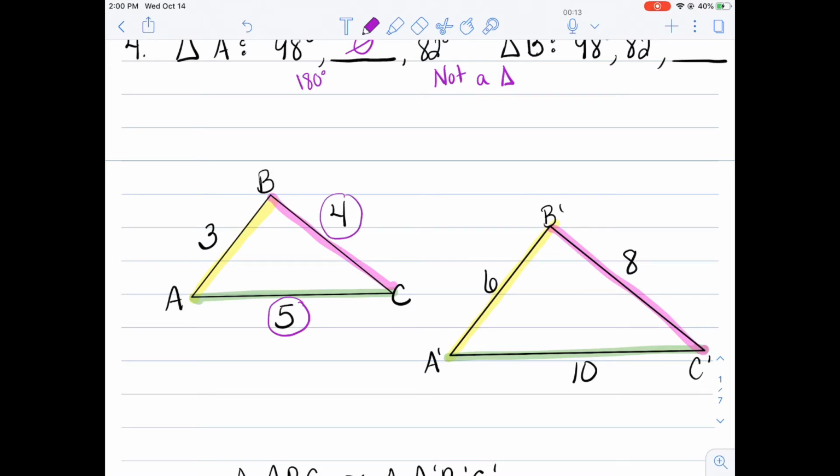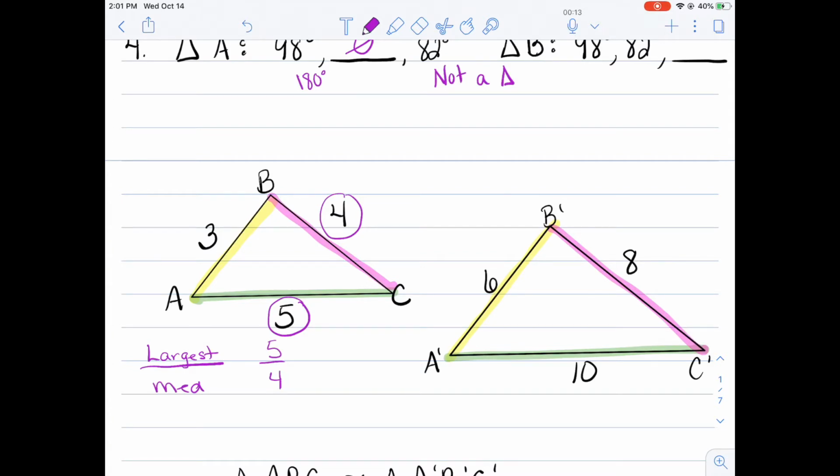Okay, so this is the largest and this is the middle, and then we're going to set that as a ratio. So we have the largest over the middle, or the medium one. So we'll have 5 over 4. So if these are similar based on their sides, then they're going to have the same ratio with large to small.